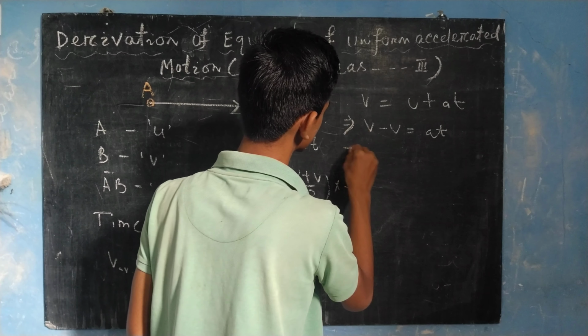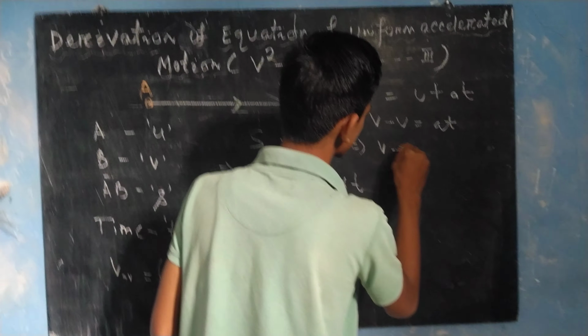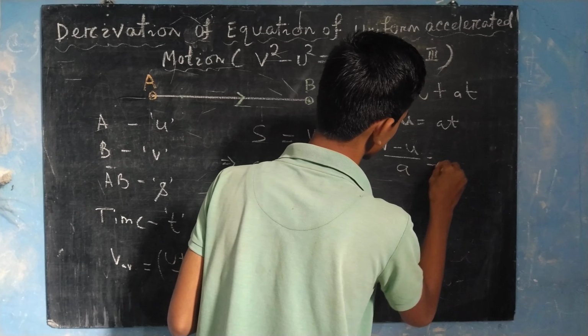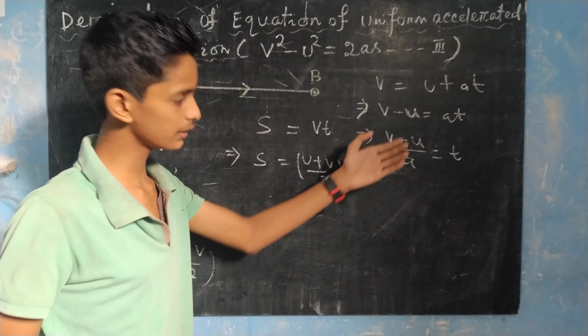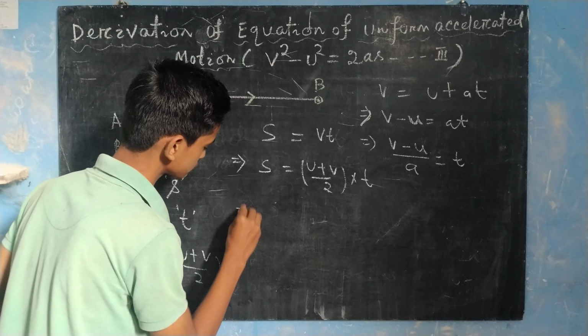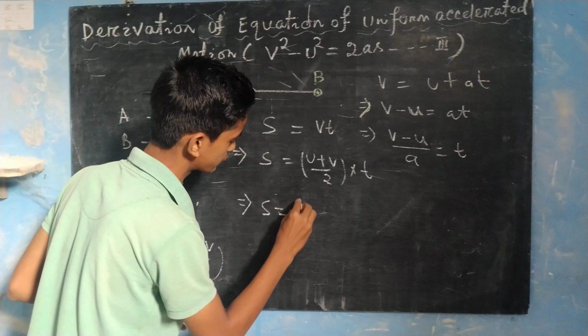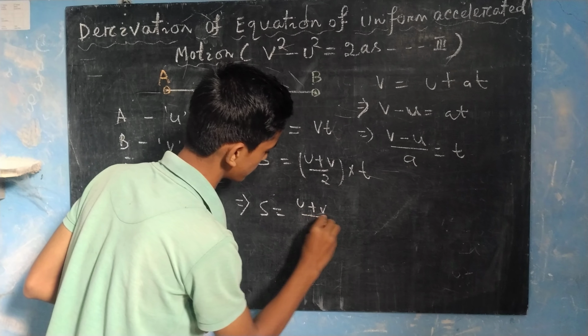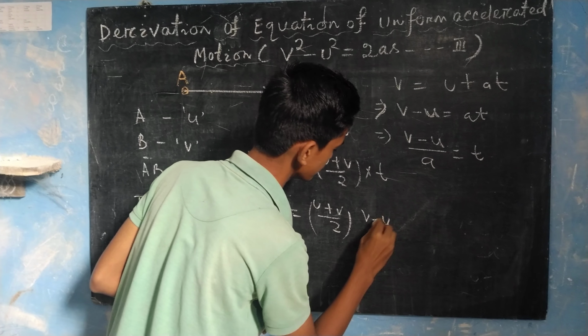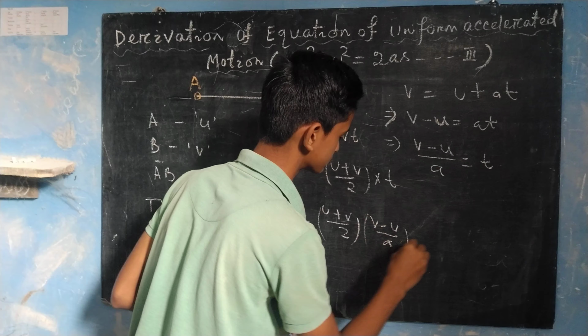Similarly, (v minus u) by a is equal to t. Here it is the value of t. Now let us put the value here. Here s is equal to (u plus v) by 2 into the value (v minus u) by a.